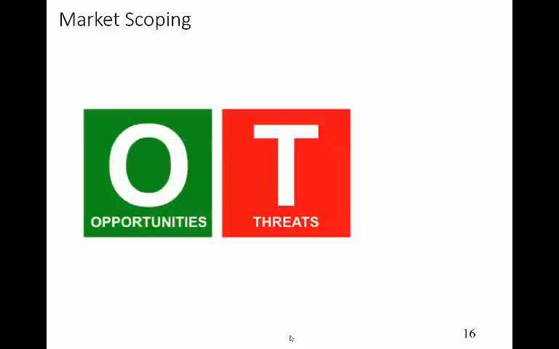Sizing meaning that we get estimates for the 3 TAMs to determine if the size is sufficient to move forward, and scoping using the opportunities and threats from our SWOT analysis to determine if qualitatively that opportunity is worth continuing to consider and pursue.